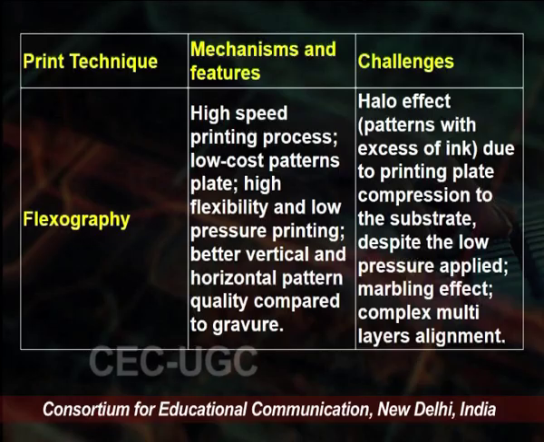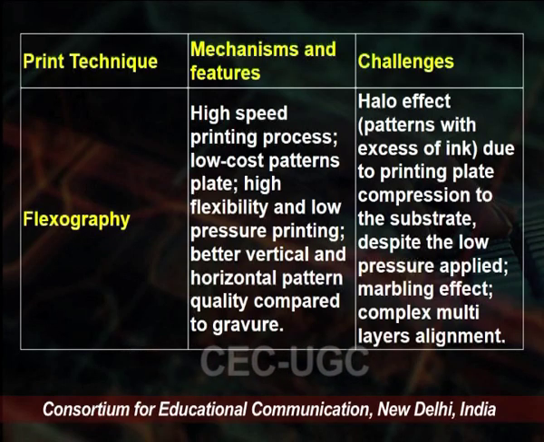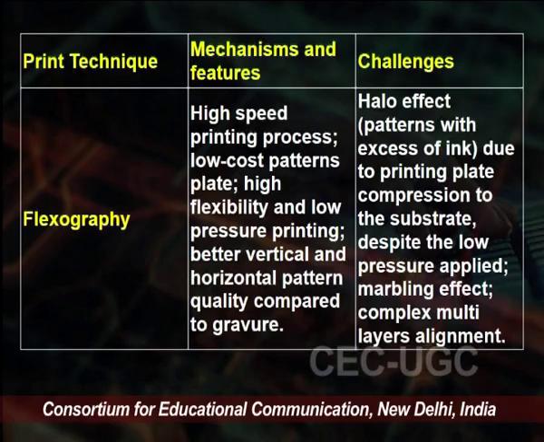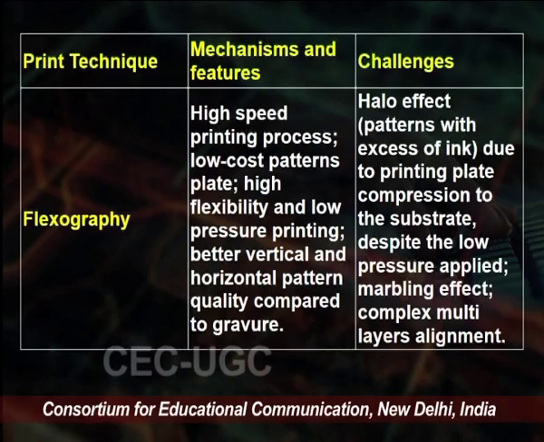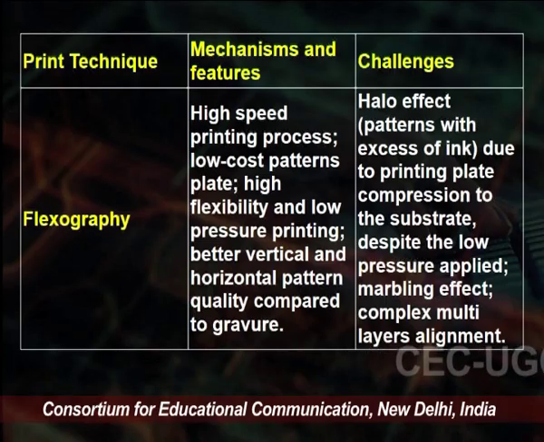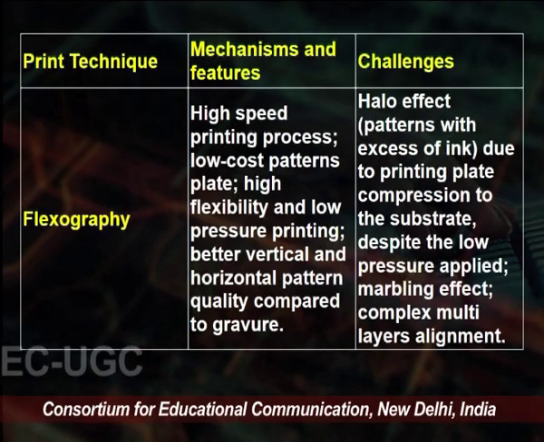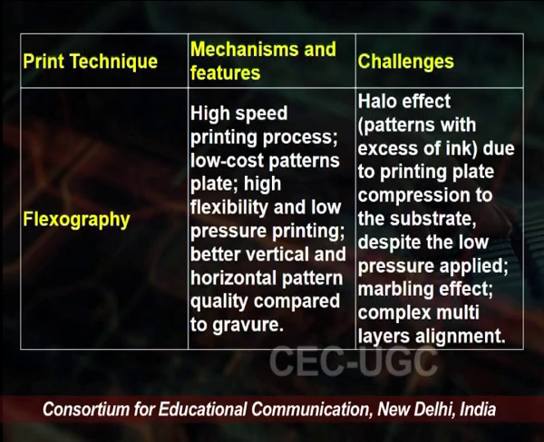Another type is flexography. It is a high speed printing process with low cost patterning, highly flexible, low pressure printing, and many more advantages. But the challenge is a halo effect pattern with excess ink due to the printing plate compression to the substrate despite the low pressure applied.